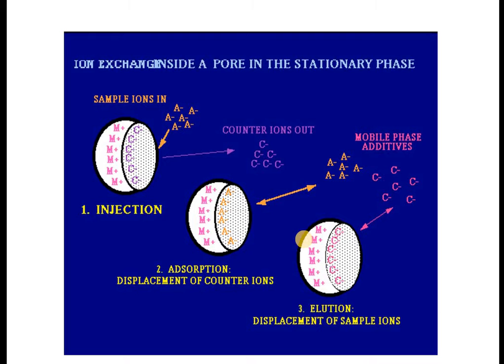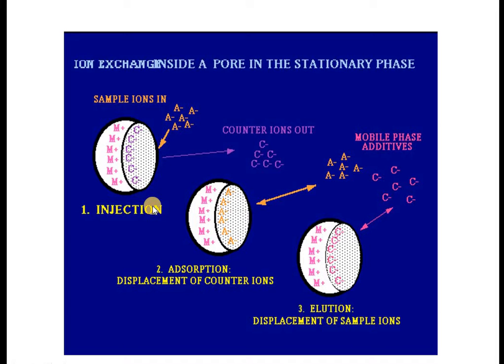This is the ion exchanger in the stationary phase. This is the charge: C negative, C negative, and so on. Here the positive ones are cations and these are anions.